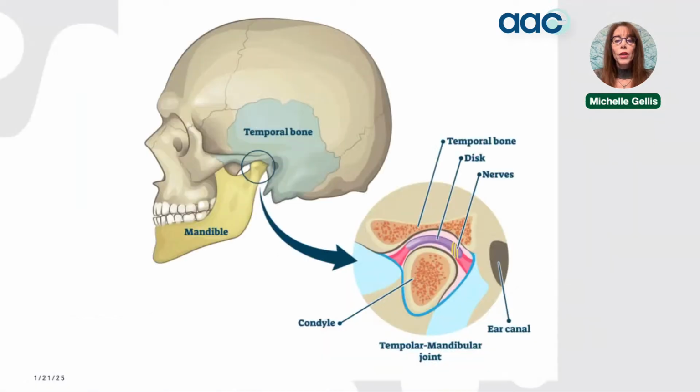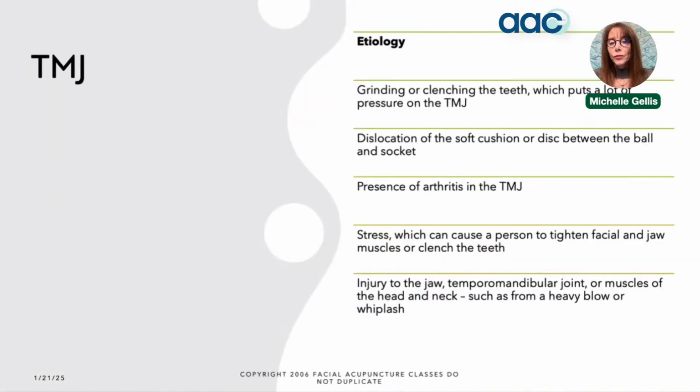So we're going to go through, as I mentioned, the definition, and then we're going to talk about motor points. So here is the temporal bone right here, and this is the mandible, and here is the joint that we were discussing, and here's a blow up of that. So you can see where this condyle goes into the temporal bone, and there's a disc here, and there's various nerves that are attached to it.